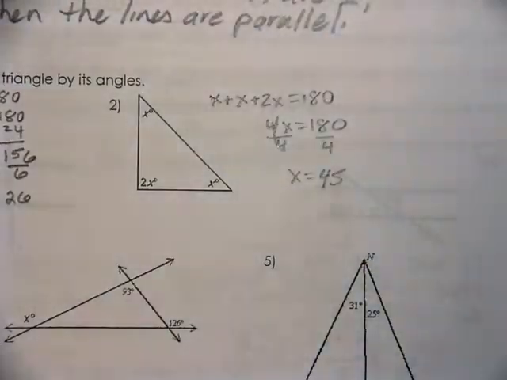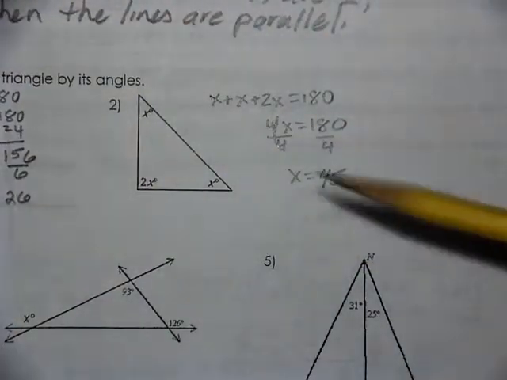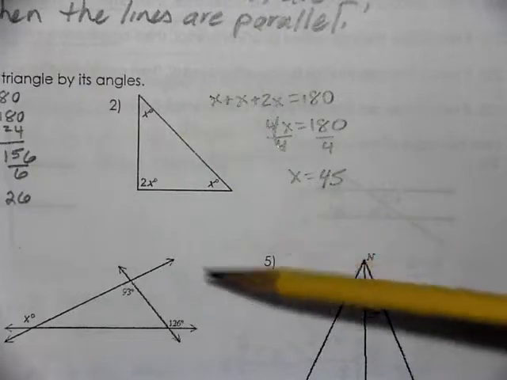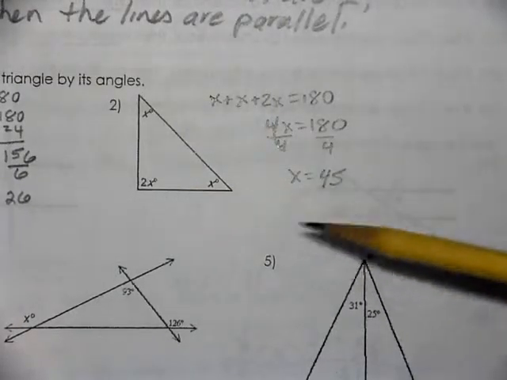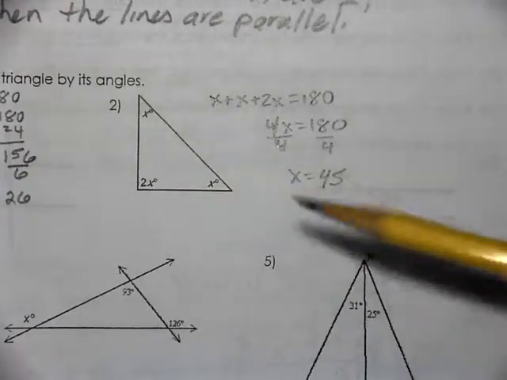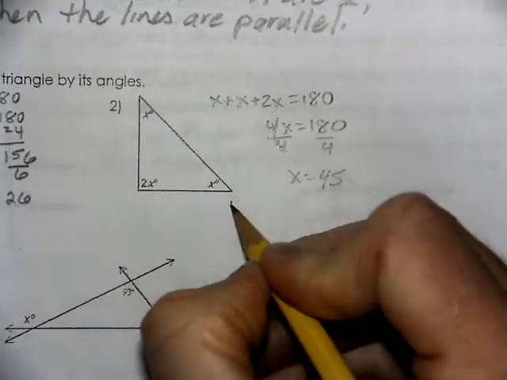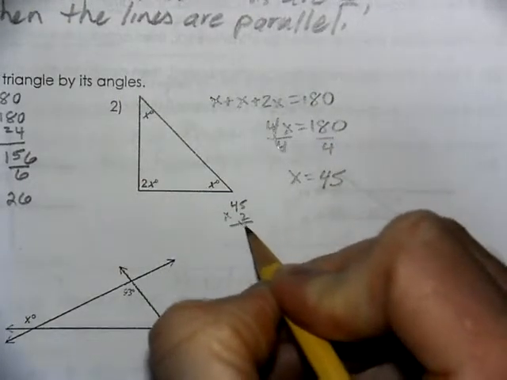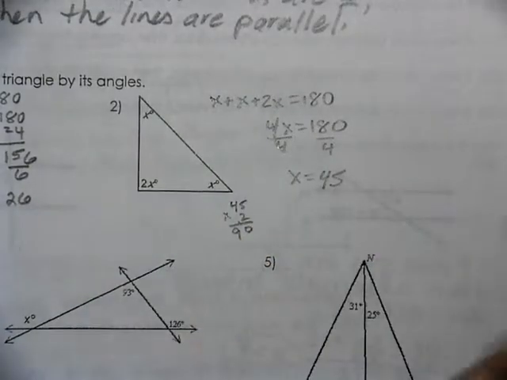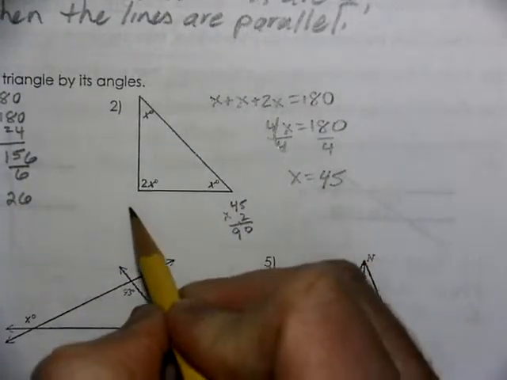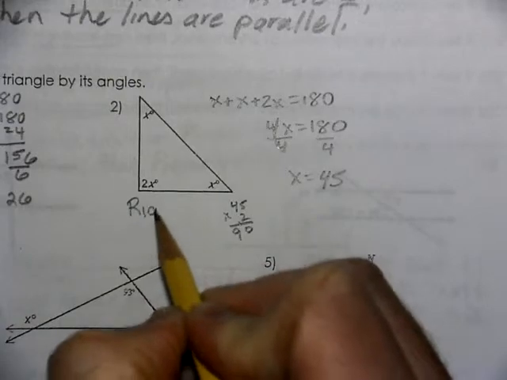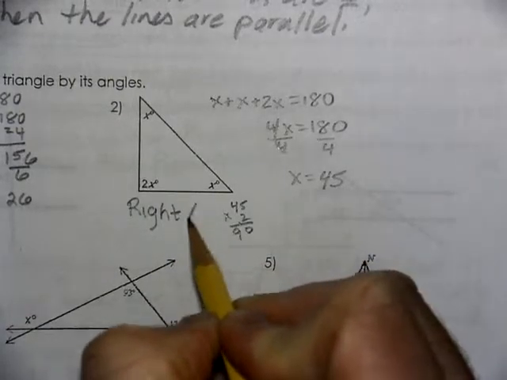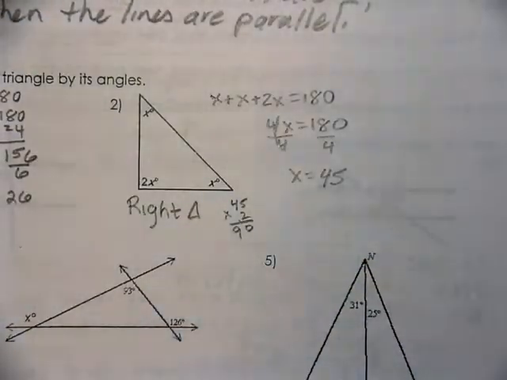So each one of those angles has to be 45. The x, and then the 2x is going to be twice that amount. That's going to be 90. So we have 90 degrees. So that makes this a right triangle because it has a 90-degree angle.